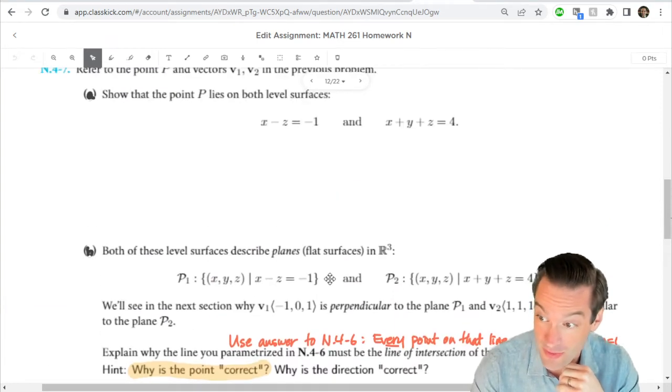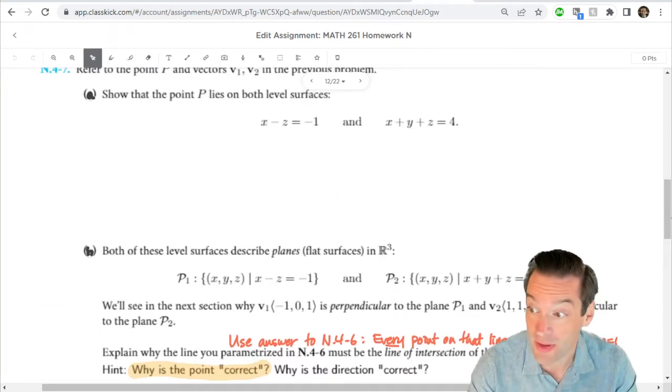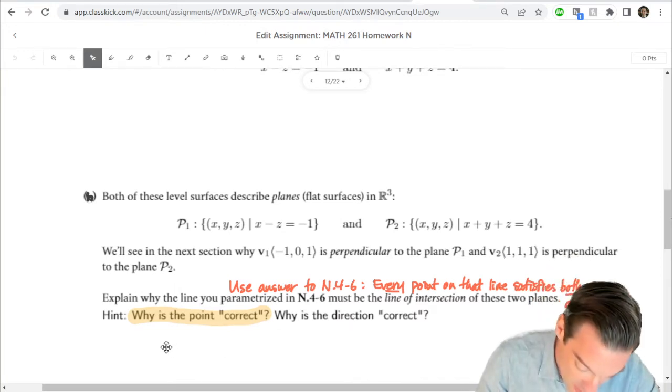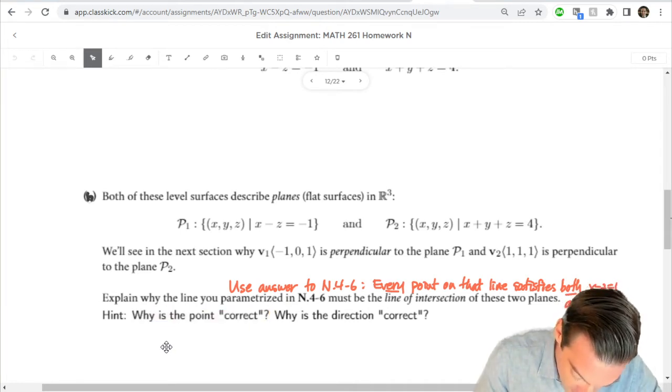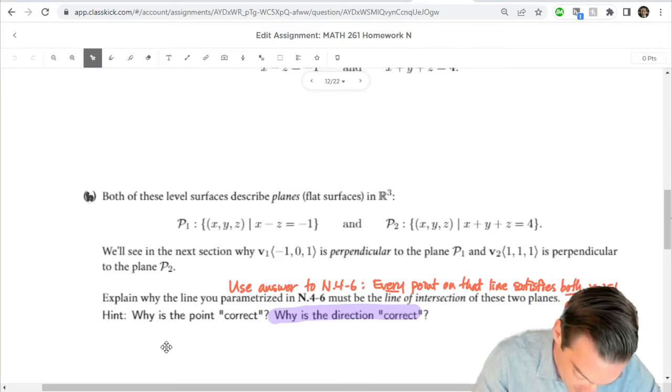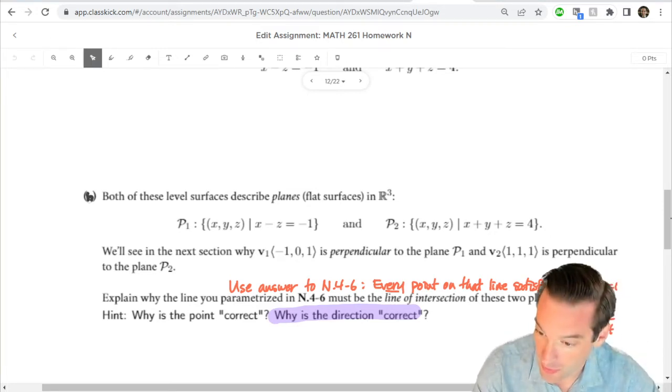It belongs to the plane x minus z equals -1 and the plane x plus y plus z equals 4. And so, since it belongs to both planes, it must belong to the line of intersection of those 2 planes. And so the real question is about direction. So why would we know that the direction of this line of intersection would be appropriate? And so for this, I'll come back to my whiteboard again one more time here.